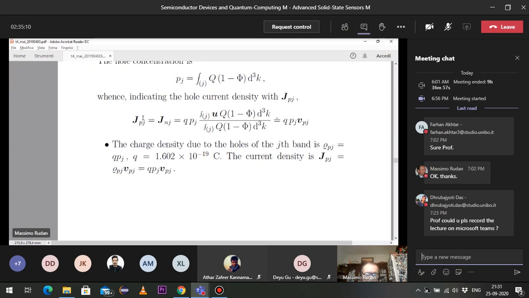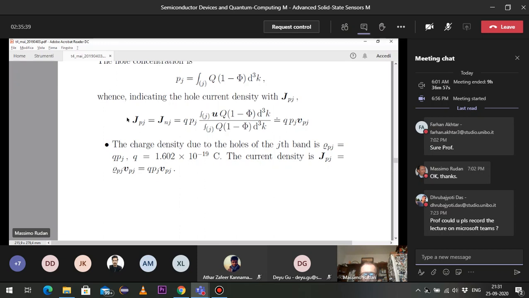It's just the same thing with a different symbol. And in the last line, we have that the charge density due to the holes, of course, is Q p_j, and the current density is Q p_j v_p_j. So using electrons or holes in this representation is completely equivalent.